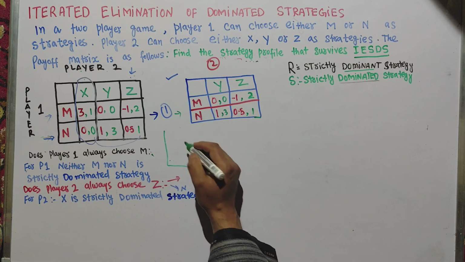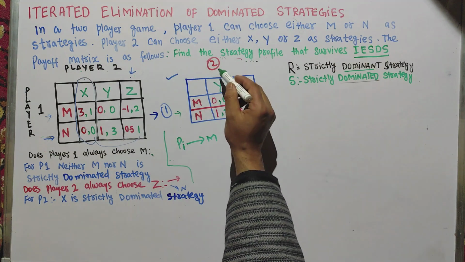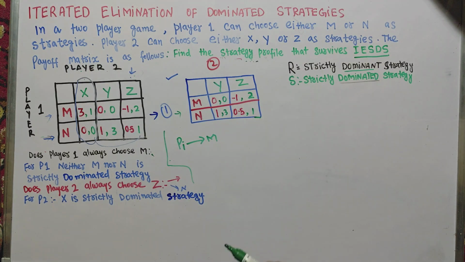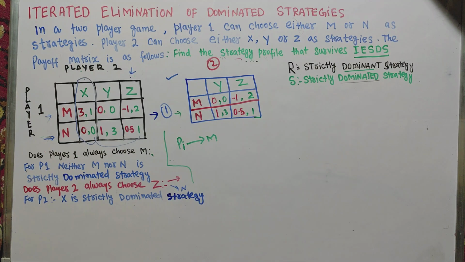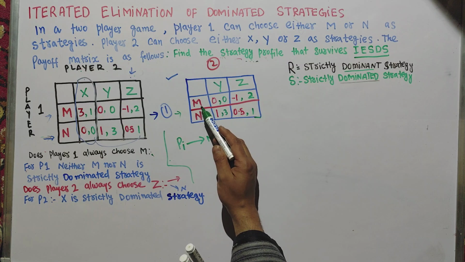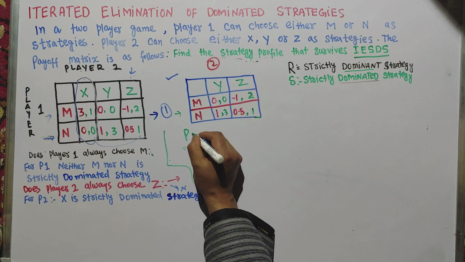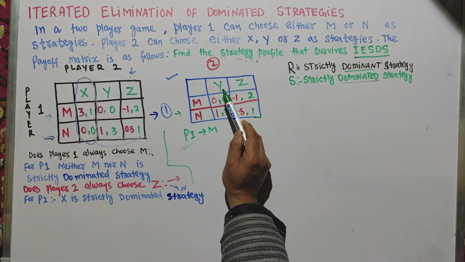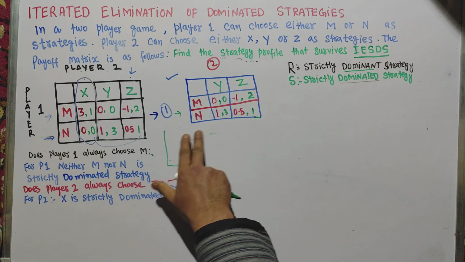If player 2 chooses Y, player 1 will choose N. Okay, so M cannot be a dominant strategy right away.